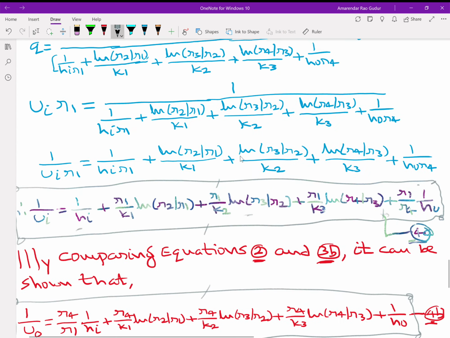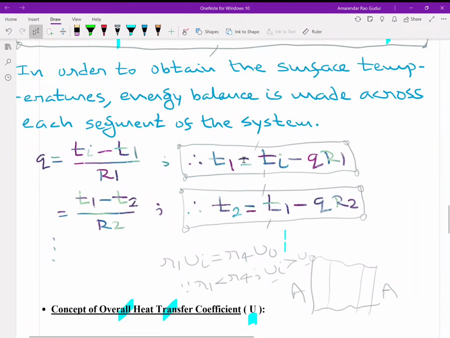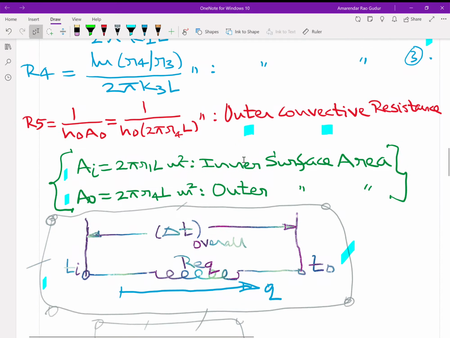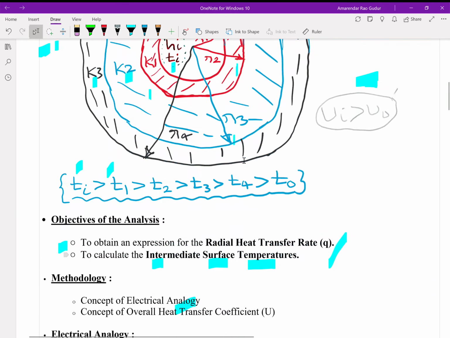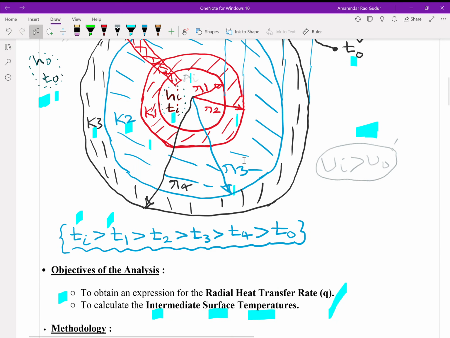And once you get heat transfer rate, we can go down to the basics to get the surface temperatures, in the sense that we can write Q, heat transfer rate, as inner convection, that is going to be Hi Ai times Ti minus T1. Inner convection, you can calculate T1.